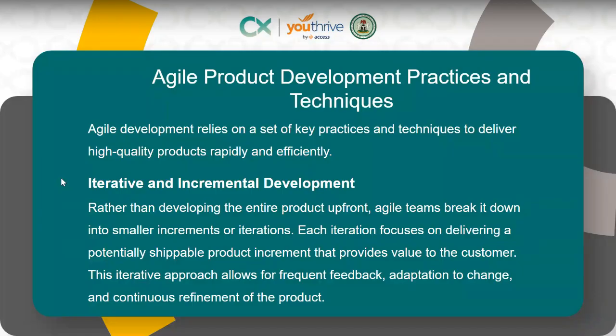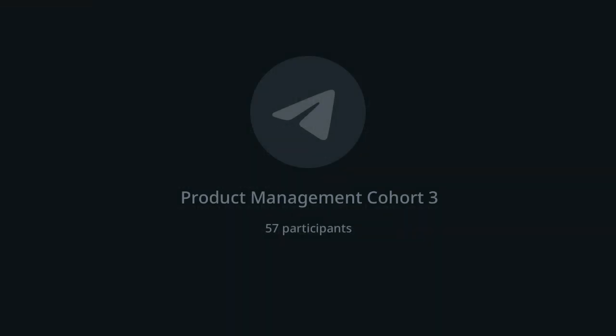And when I say value, it means that the customer can use that particular thing to do and achieve something, to get an outcome, to get something done. So if that cannot be fully defined in that iteration, in that sprint, you are not being agile.